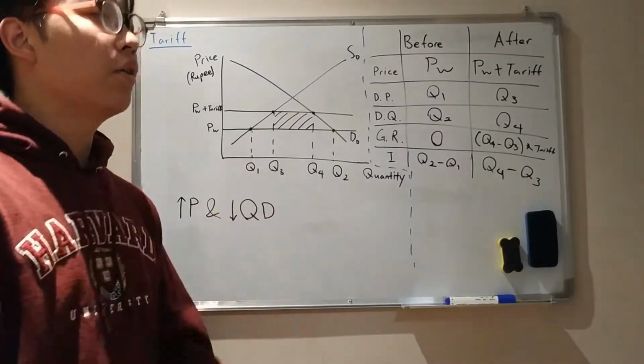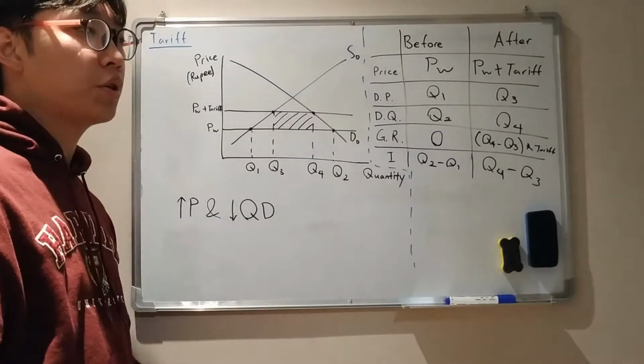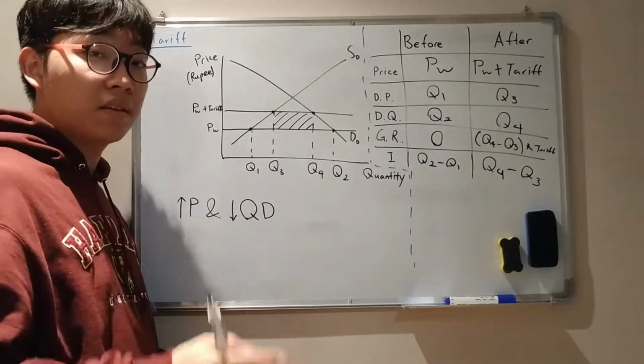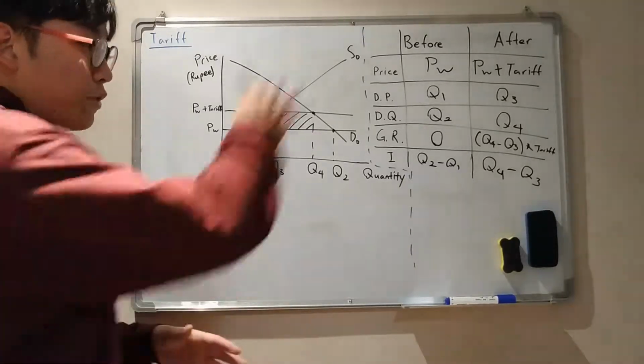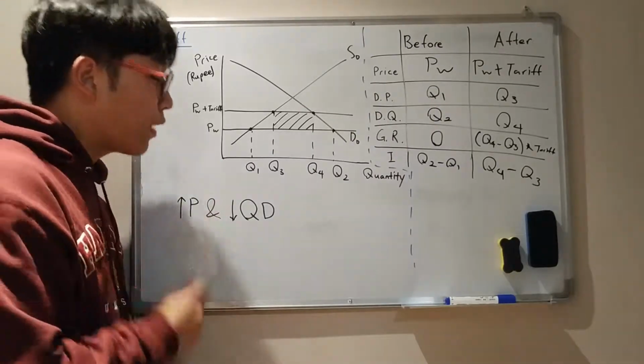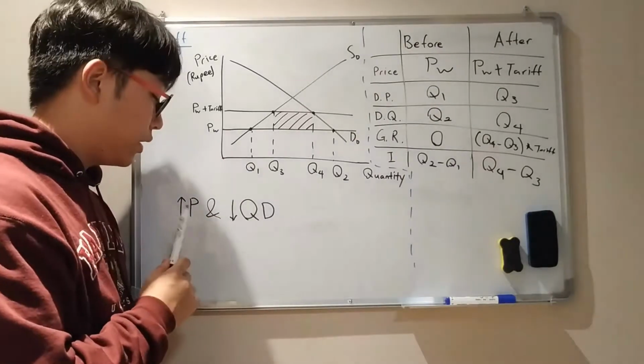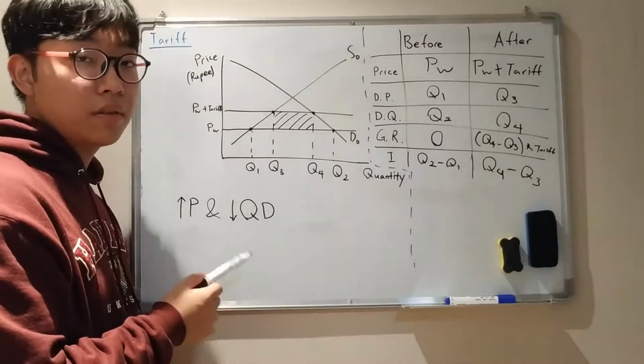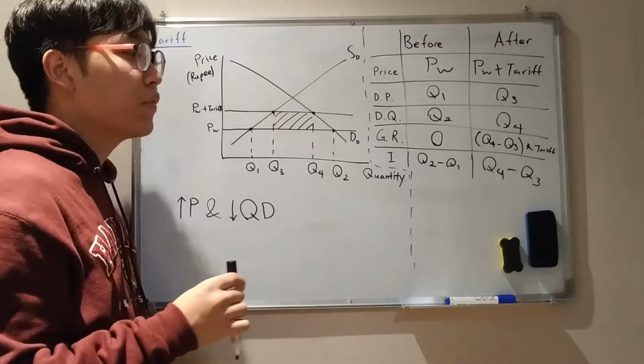Alright, so now you have to actually answer the question about how it affects the consumers. Now, after saying all of that, you have to extract the core information that price has increased and the quantity demanded actually decreased.